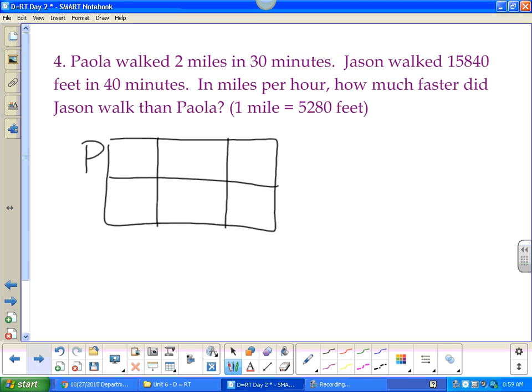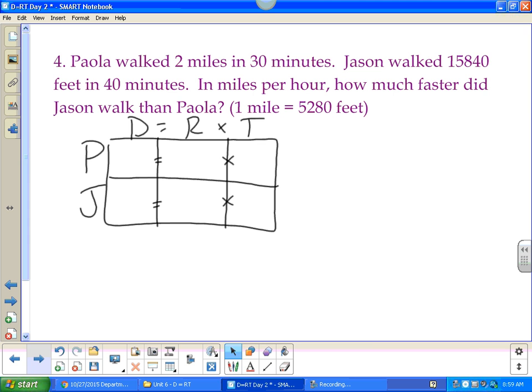So we have Paola and we have Jason. I know that Paola walked 2 miles. That's his distance. In 30 minutes, that's half an hour. And I don't know his rate. Jason walked 15,840 feet. We've already done that one. That was 3 miles.